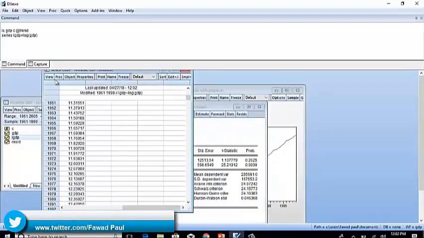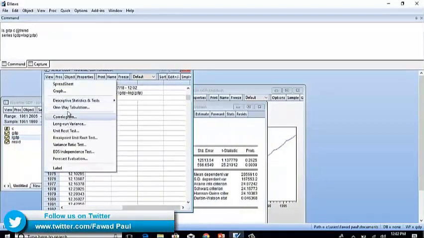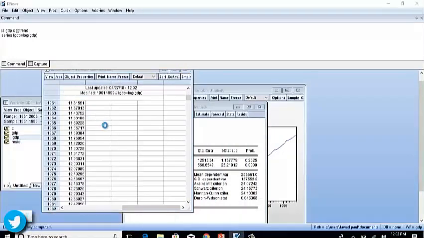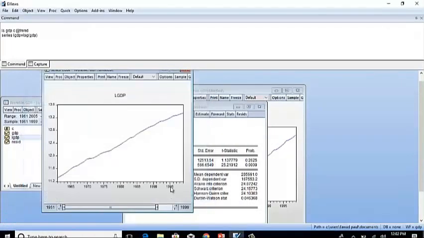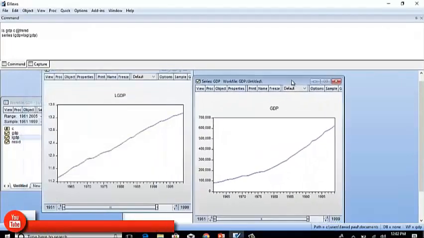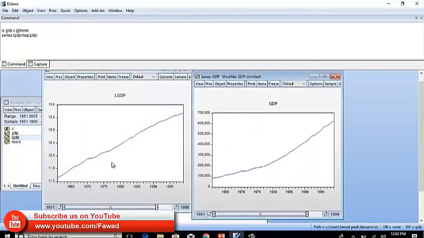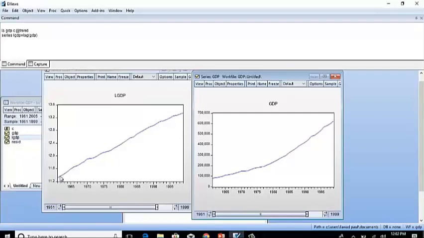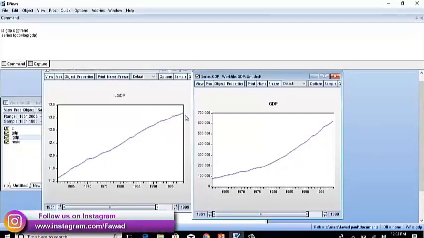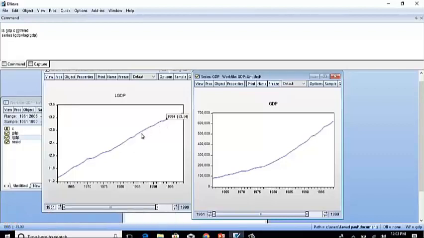Let's check the graph. Look, there is the intercept as well as an upward trend, and the variance is kind of stabilized.